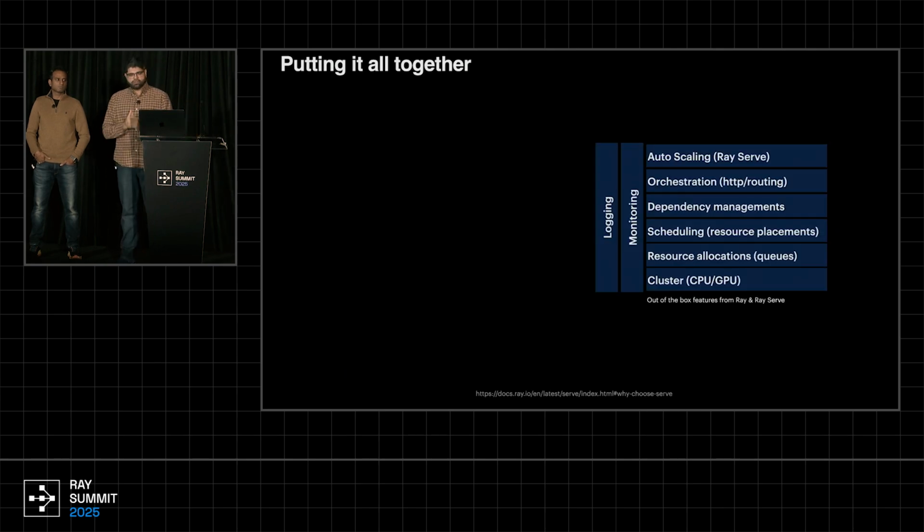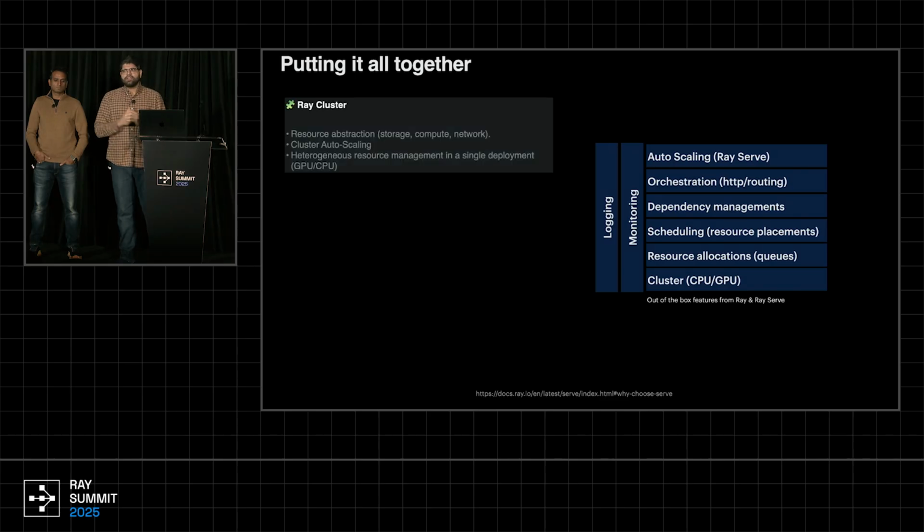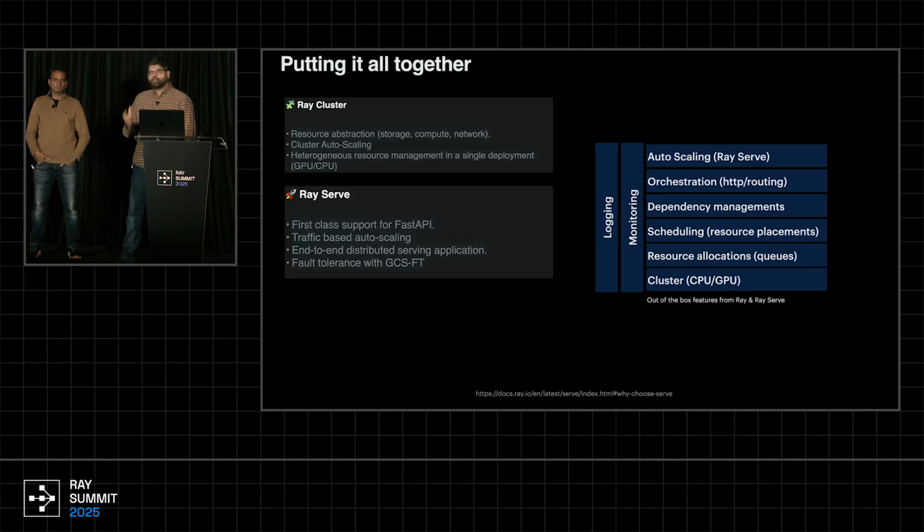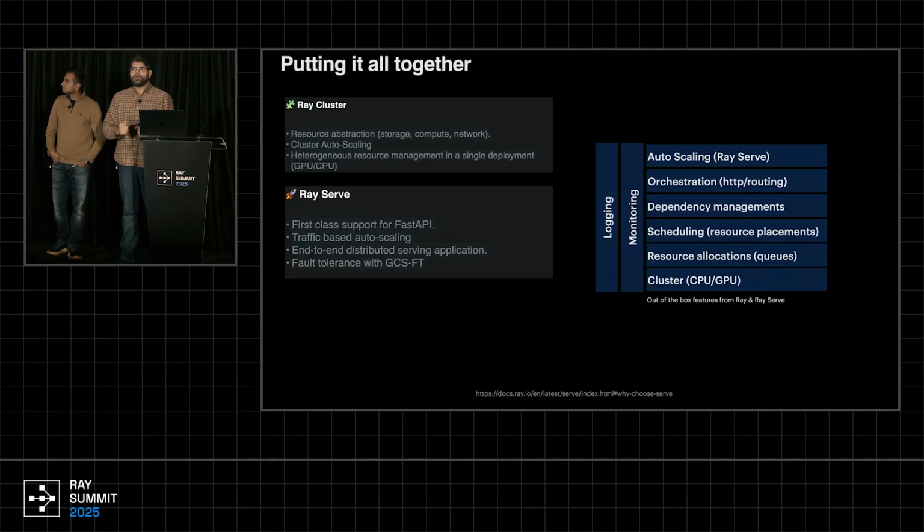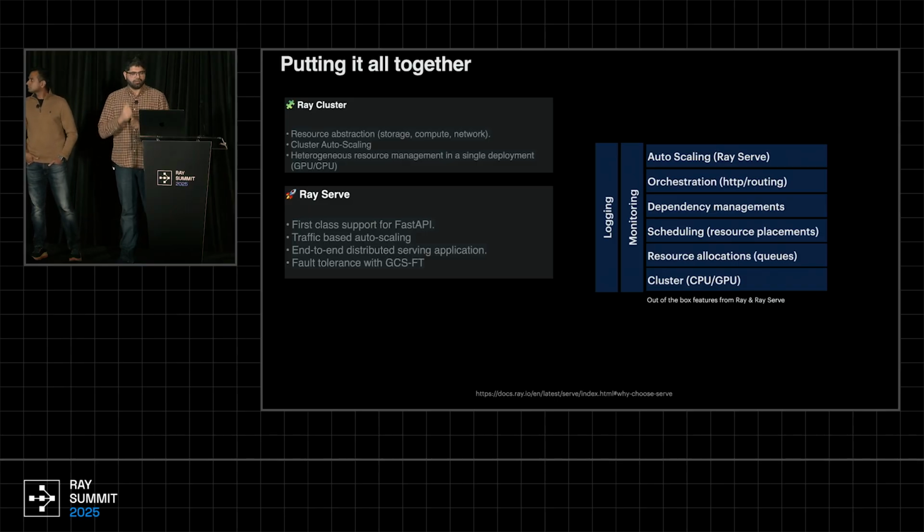Let's put everything together now. What we did here was that we leveraged the power of Ray cluster for the resource isolation. All we were able to specify is how many CPUs, memory, all sorts of things we needed, and Ray cluster took care of that. On top of Ray cluster, we deployed the Ray Serve application where we abstracted the agent as a FastAPI application, and we didn't have to worry about any sort of orchestration behind the scenes.